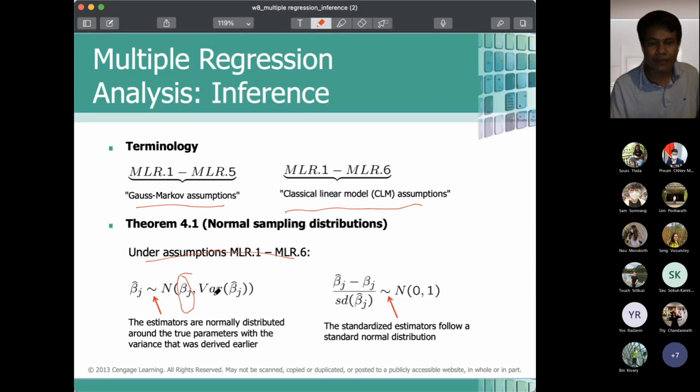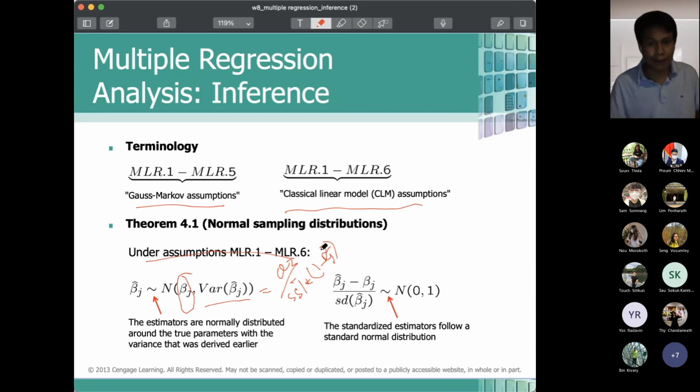With the variance that we derived earlier, the variance that we discussed last week. Remember the equation of the variance? It equals sigma squared divided by SST_j multiplied by 1 minus R_j squared.